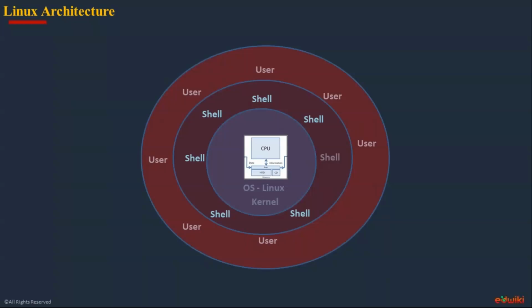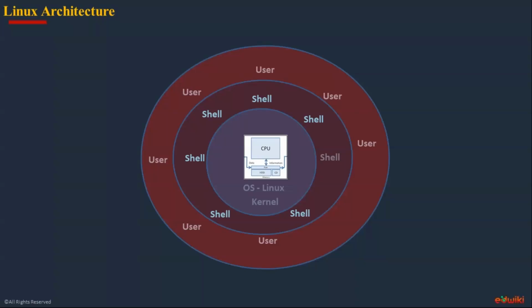Why do you need multiple shell softwares? The shell is basically taking the command from the user. Let's say the user is giving the command. That command should be understandable by the shell. Each user may be speaking a different language, just to understand it hypothetically.